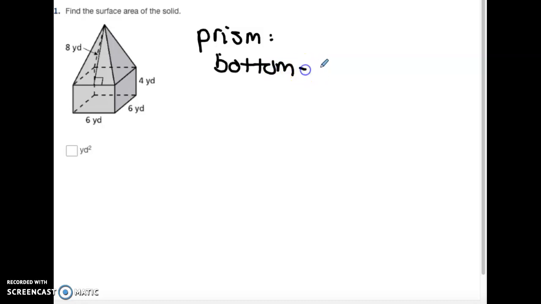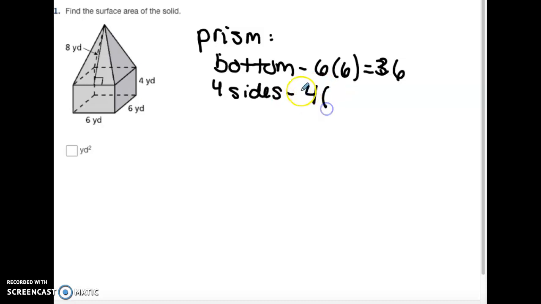It's a square, so we have length times width, 6 times 6, 36. 4 sides, 4 times, they are rectangles, so length and width. All 4 sides are 96.